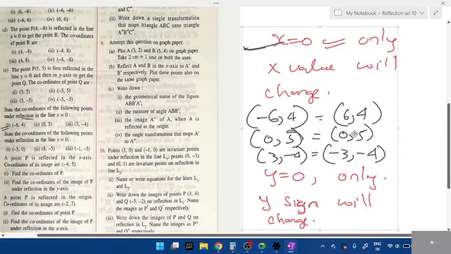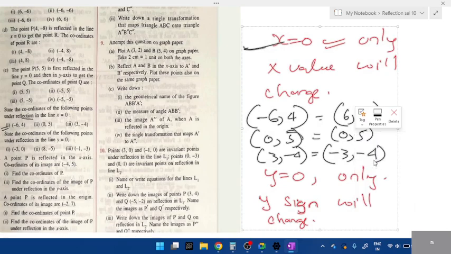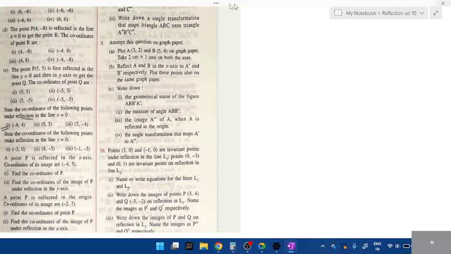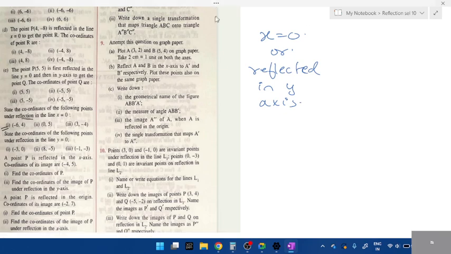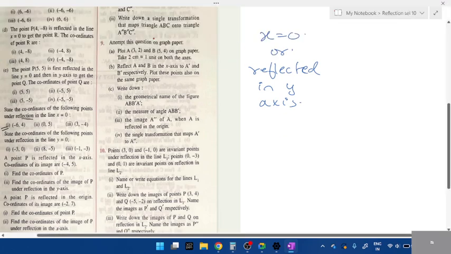So you have to remember two things here, students. First thing, if I tell x is equal to 0 or reflected in y-axis. Okay, first let me complete the third one.